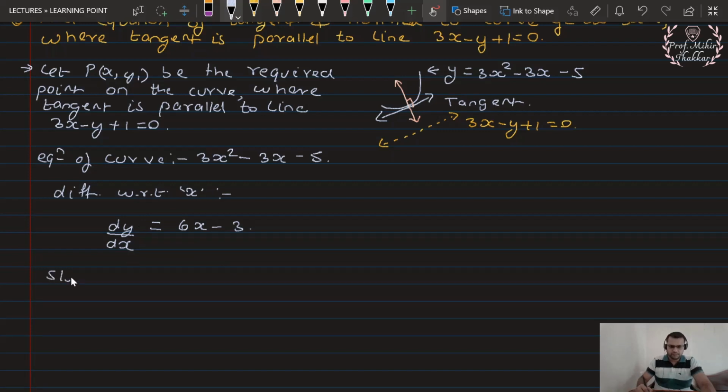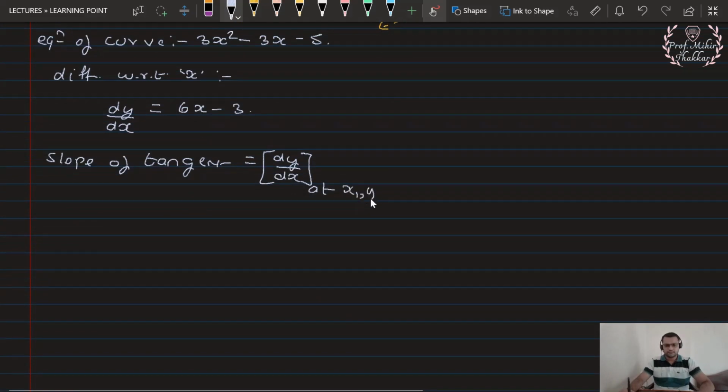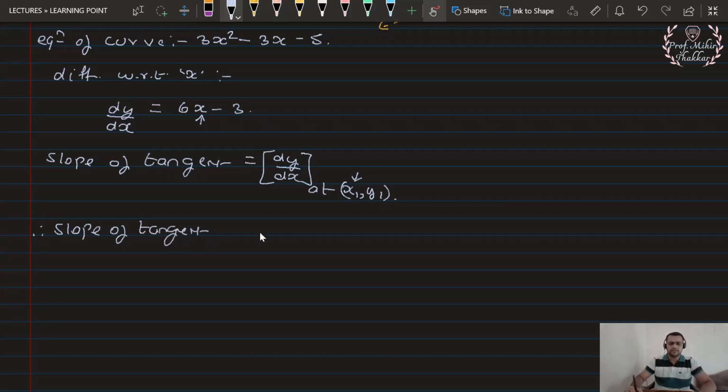Now, slope of tangent over here, as I told you in the beginning, is dy by dx at (x1, y1). So in place of x, we substitute the value as x1. So I will get slope of tangent is equal to 6x1 minus 3 and give it as equation number 1.